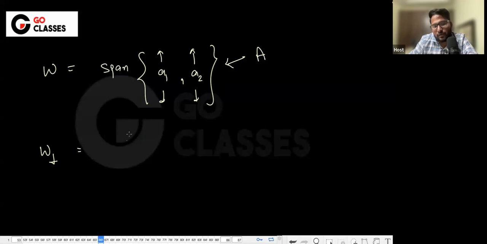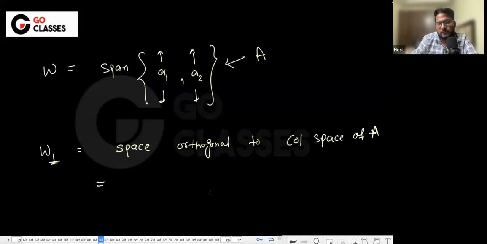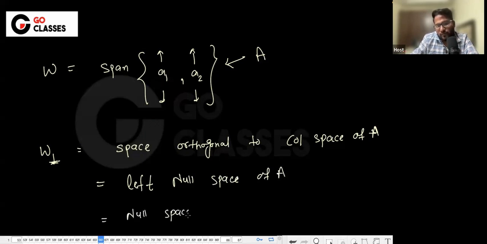So basically, they are asking you for a space orthogonal to the column space of A, which is the same as the left null space of A, which is the same as the null space of A transpose.